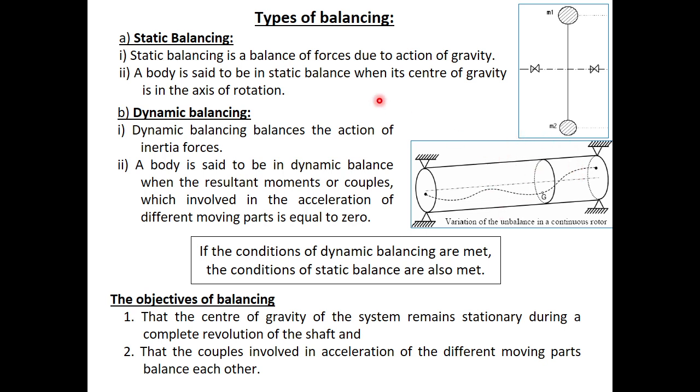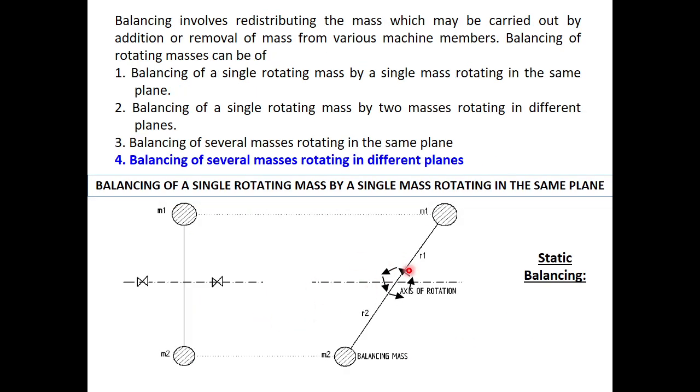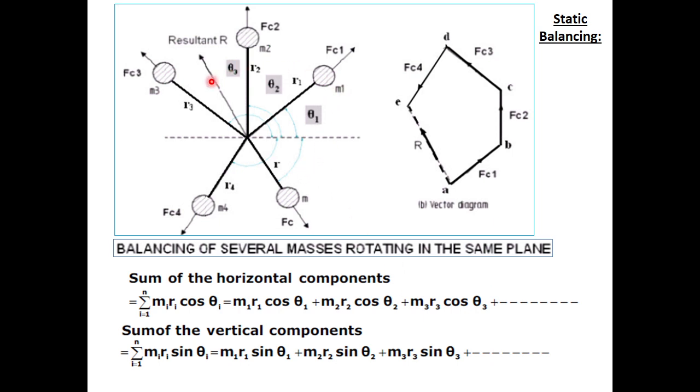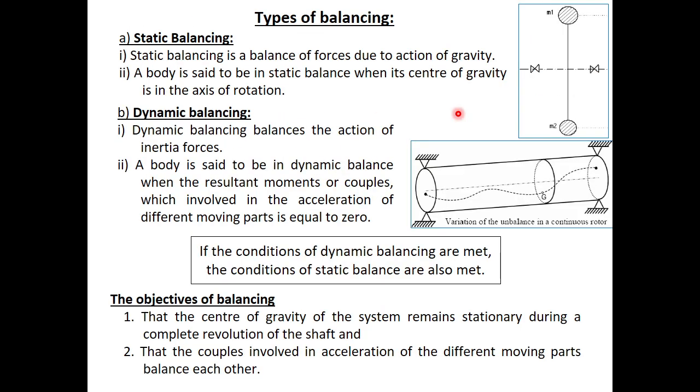In totality, if we carry out the force balance, the directions of the forces will still have different angular orientations. Due to the different angular orientations of the resultant forces distributed along the axis, that will produce some unbalanced couple or unbalanced moment at the bearing locations. That is known as couple unbalance.